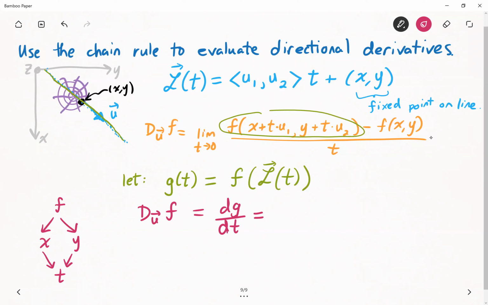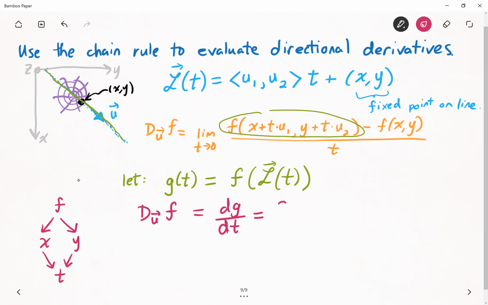Remember the way the chain rule works, right? To see how this function changes, we're going to see how f depends on t indirectly. F depends on t through two paths in this dependency diagram. As t changes, it changes x, which changes f. And as t changes, it changes y, which changes f.